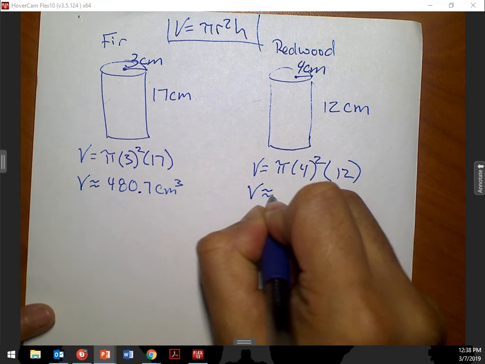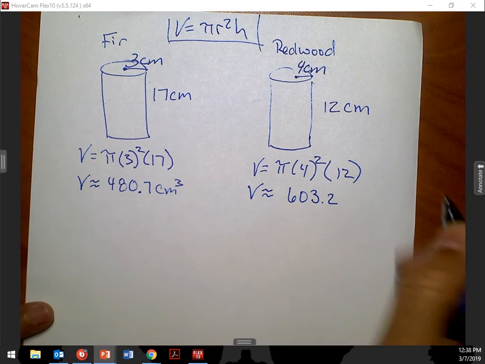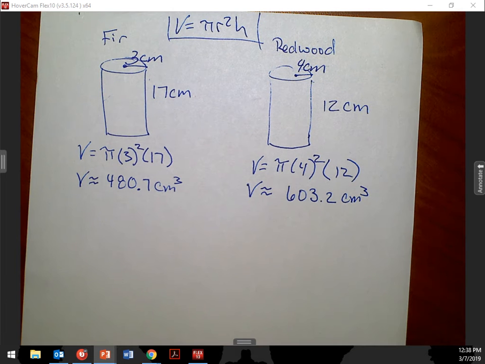Volume is about 603.2. What are my units? Centimeters cubed. Very good. Centimeters cubed. There we go. So I have my volumes now, right? Okay. So that's important. So I'm going to go back to the other page and I can actually do my math from there.